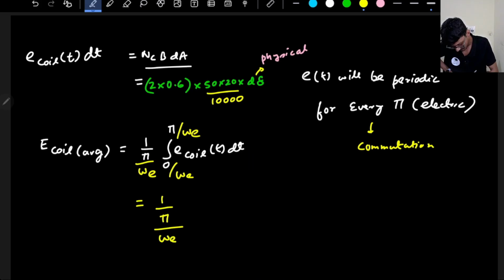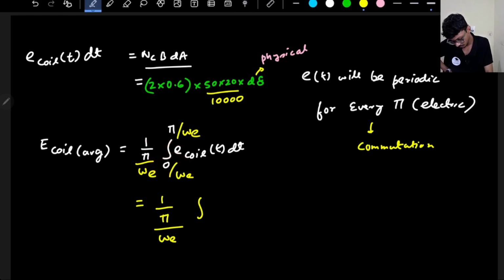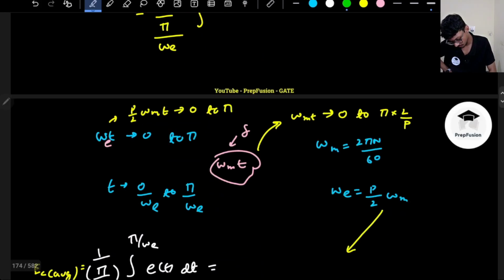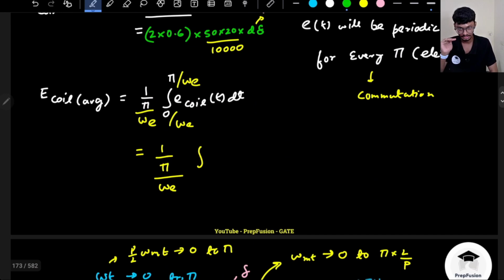I will replace omega e later on. Now as I'm moving from 0 by omega e to pi by omega e, that means I am going from the angle case, because for 0 degree it is 0 only. I will start from 30 degree, right?